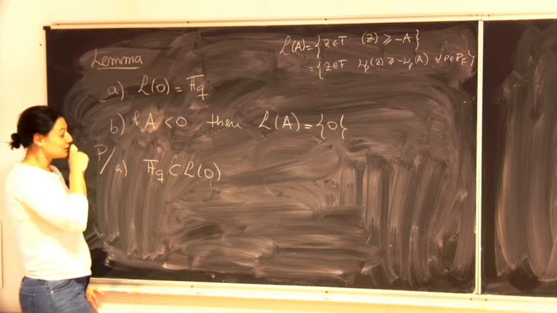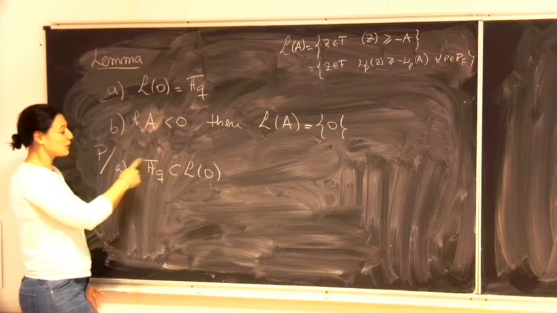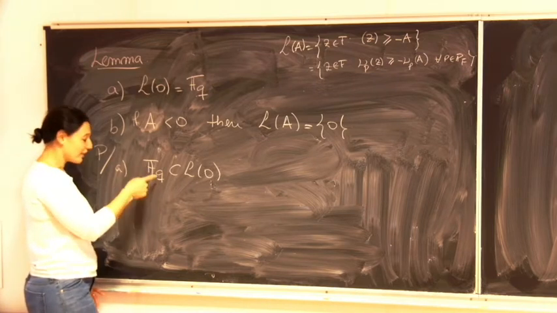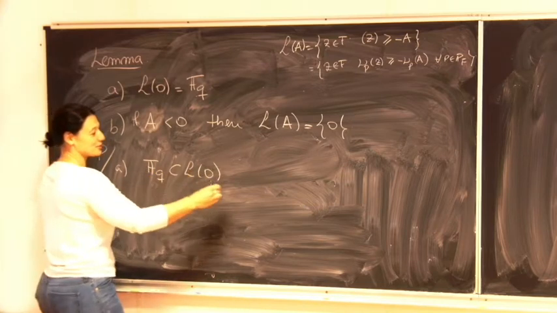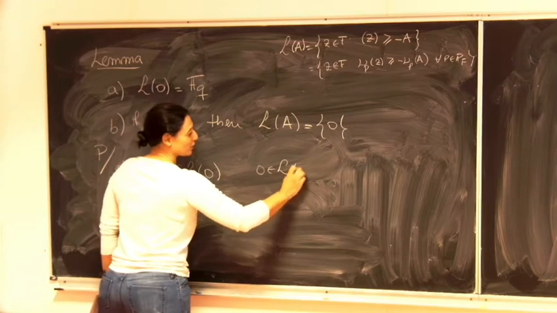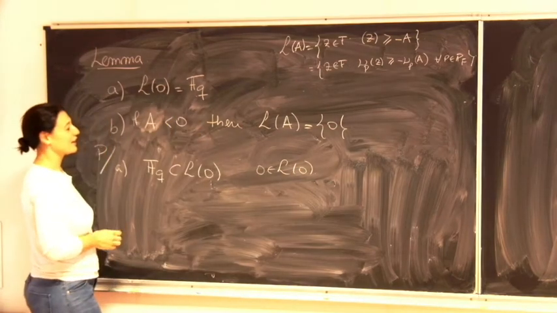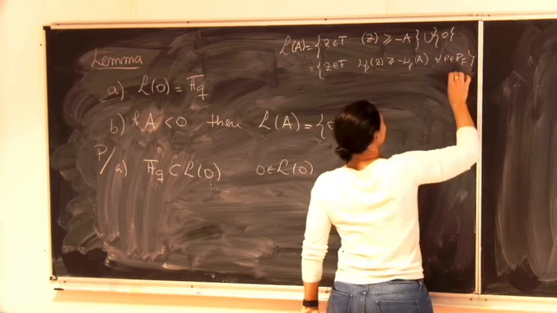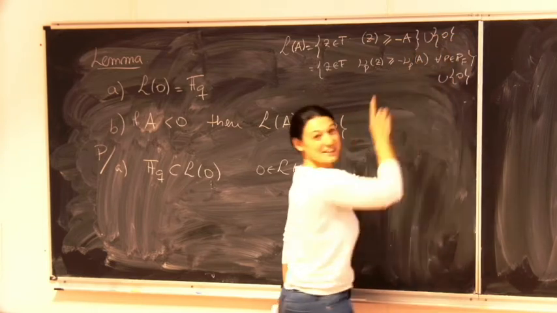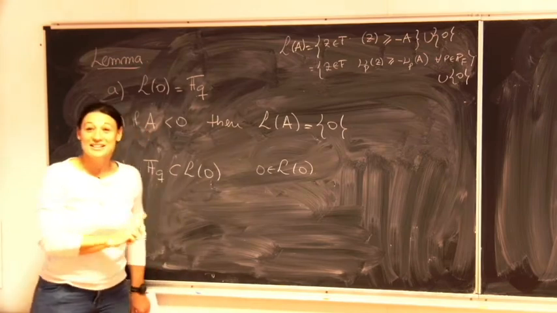We don't have to prove anything for 0 because this is a space, it always has the 0. So 0 always belongs to L of 0. I defined it like this, okay? This was the definition, so the 0 is there.